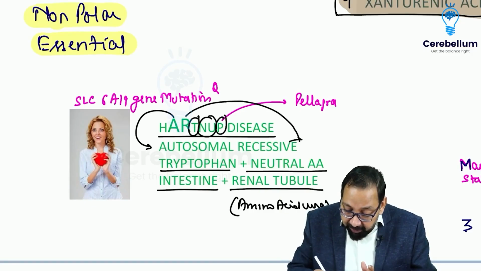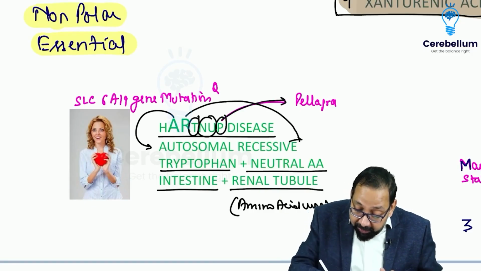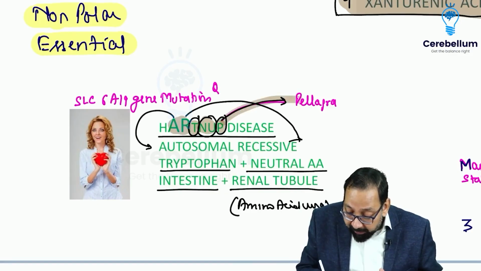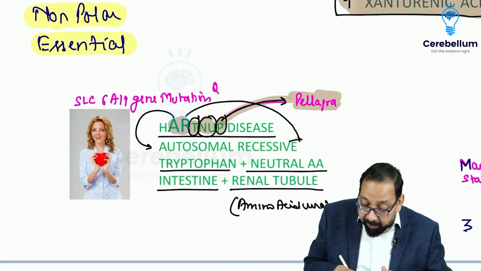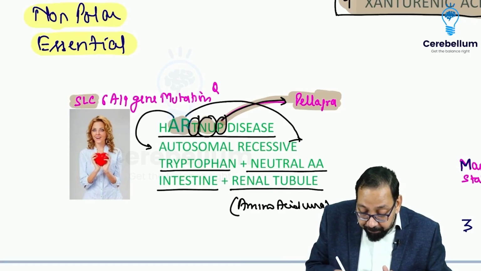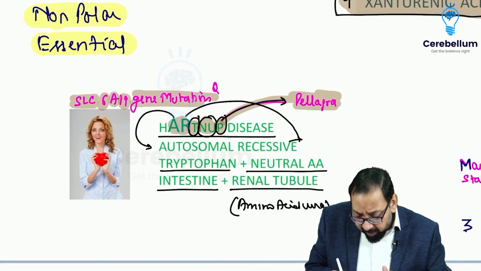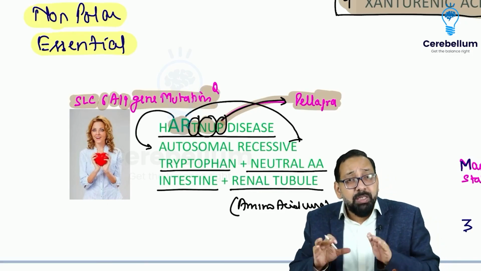Niacin deficiency will lead to pellagra. So the name itself tells you AR autosomal recessive, T for tryptophan, U for neutral amino acid, P for pellagra-like symptoms. A question was asked in JIPMER that the mutation in Hartnup disease is the SLC6A19 gene mutation. So this is Hartnup disease.